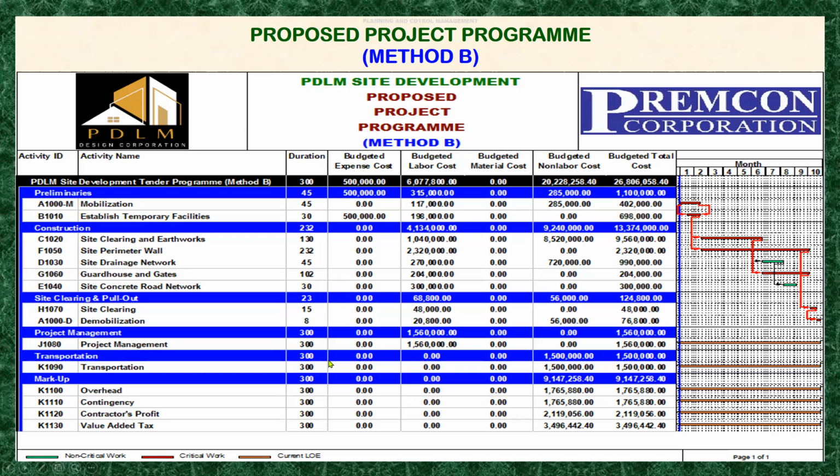But if you add all of these into the markup cost here at the bottom, it will come up to the same overall total budgeted cost for the project compared to method A.